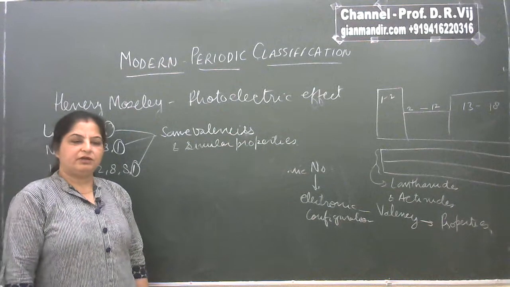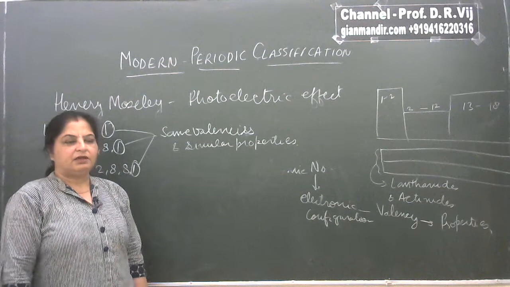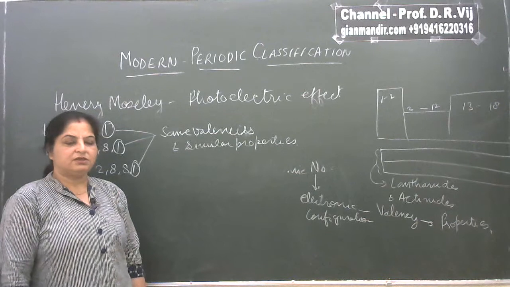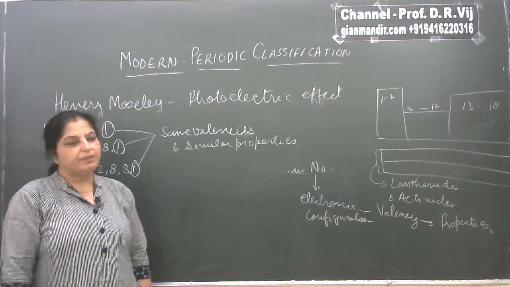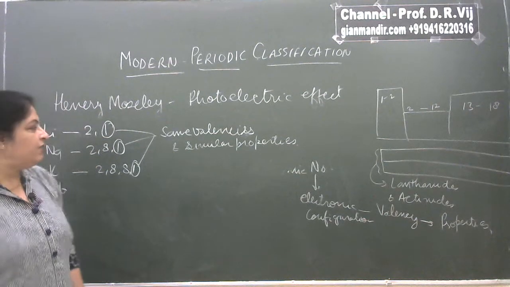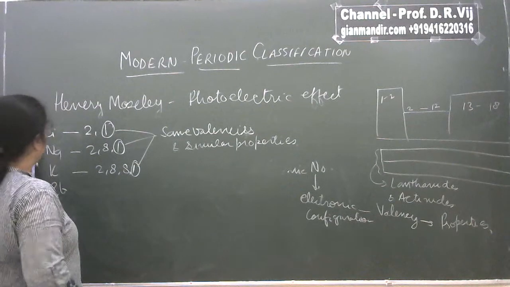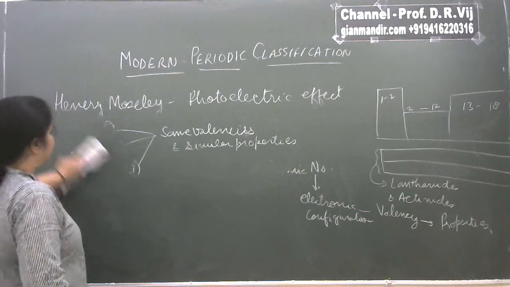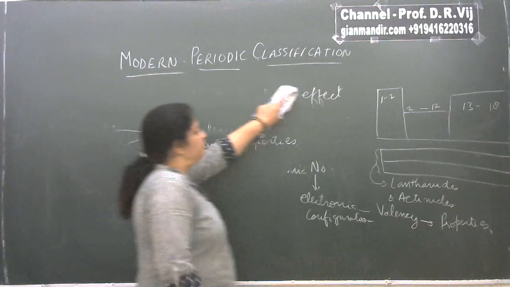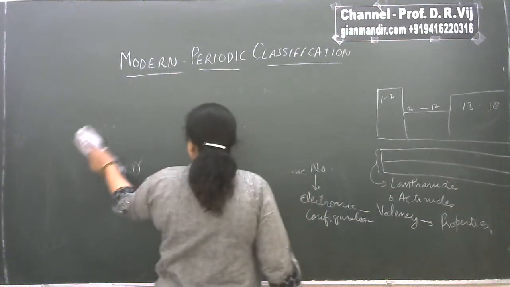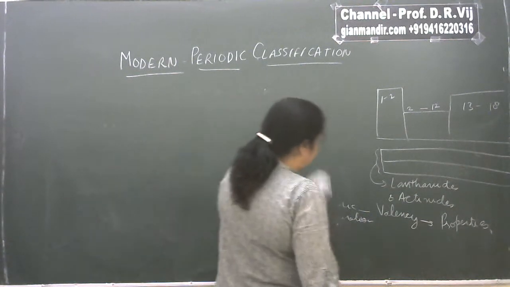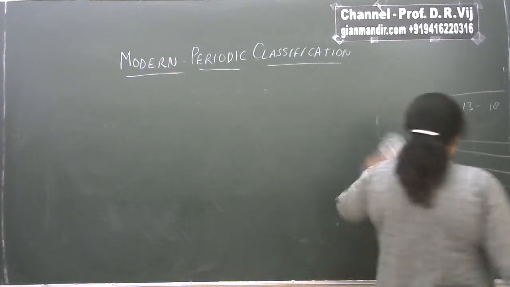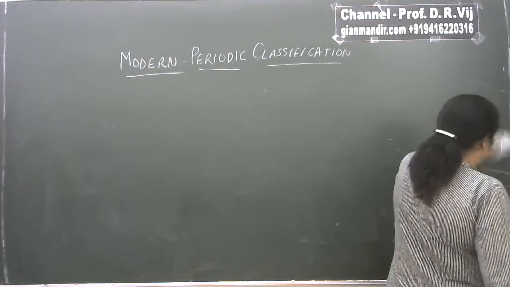Similar outer shell electronic configurations mean similar valencies, and similar valencies mean similar properties. So you can see that the modern periodic classification of elements was a very big achievement towards the classification of elements, right?